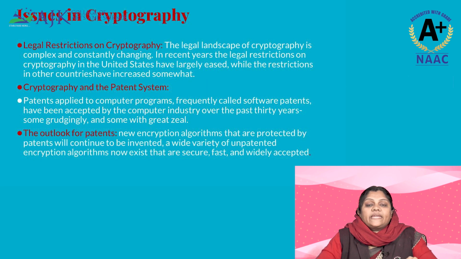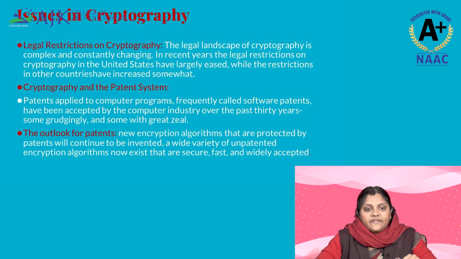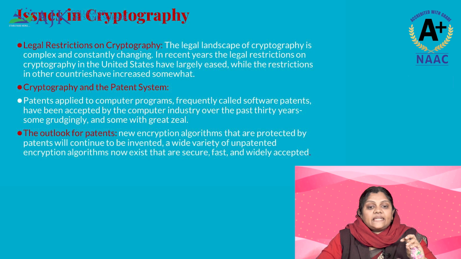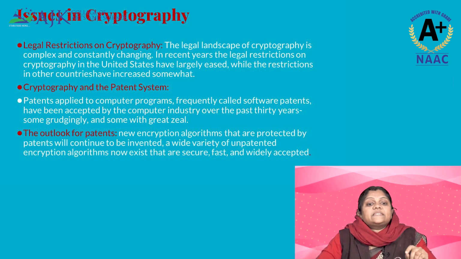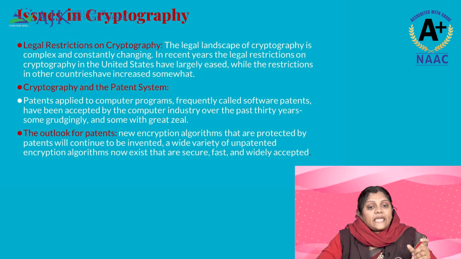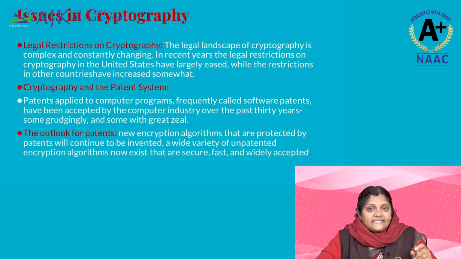The last topic is issues in cryptography. There are 3 types of issues in cryptography. First one is legal restrictions on cryptography. Second one is cryptography and the patent system. Third one is outlook for patents. The first one, legal restriction on cryptography, means the legal landscape of cryptography is complex and constantly changing.